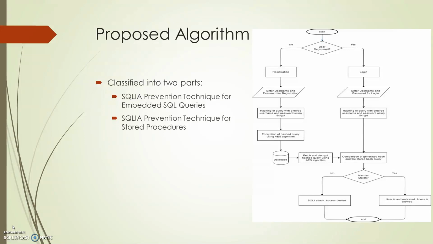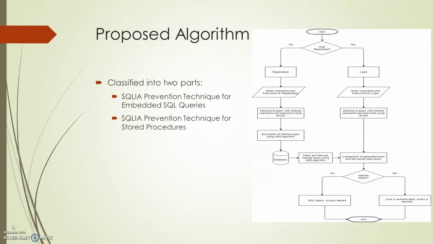So we proposed a model that is classified into two parts: the SQL injection prevention technique for embedded SQL queries and the prevention technique for stored procedures. In the first part, during registration, the user enters the username and password that are hashed using the scrypt algorithm. Then they are encrypted using the AES algorithm, so we get two levels of protection, and then they are stored into the database.